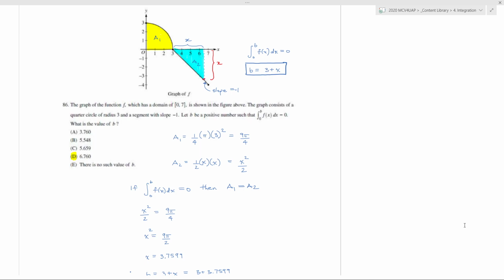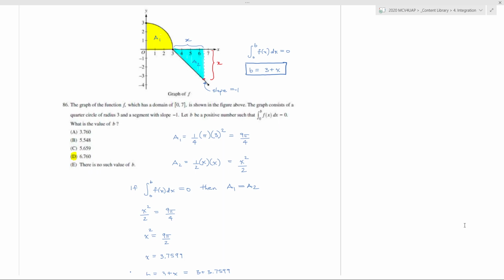The area of the blue triangle is 1/2 x times x, which is x squared over 2. So if the integral from 0 to b is going to be equal to 0, then those two areas have to be equal to each other, which means x squared over 2 has to be equal to 9 pi over 4. Okay?